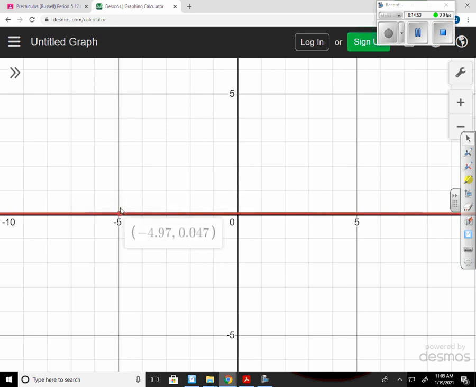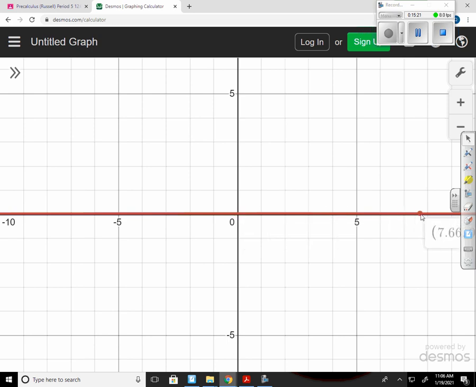Out here, my y is 0.047. As I'm getting closer and closer to 0, I see that it goes to 0.05. And now it's not changing no matter how close I get to 0. When I actually hit 0, it says undefined. But we knew that because that gives us a 0 in the denominator, the x squared. So we can't have a 0 in the denominator.